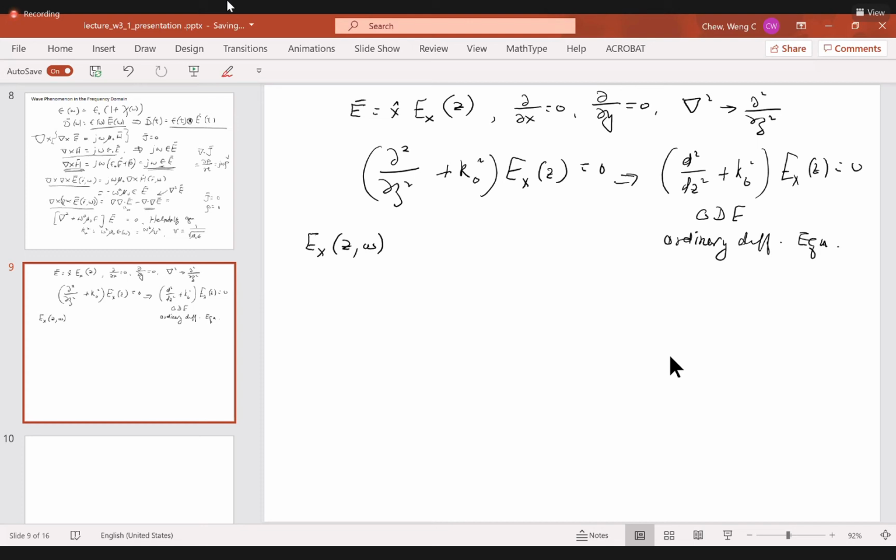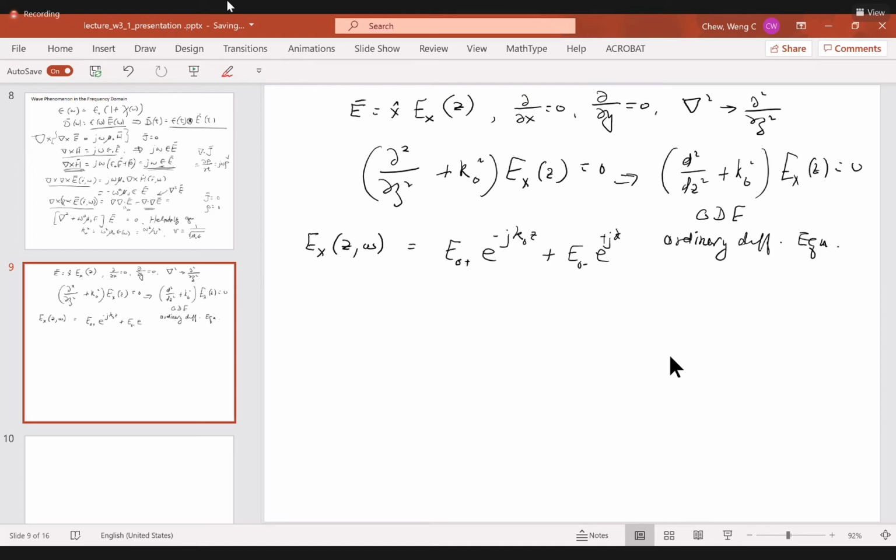Does anybody want to volunteer? It's a linear superposition of exponentials. Very good, Ivan. It's a linear superposition of exponentials. I can write it as two terms.